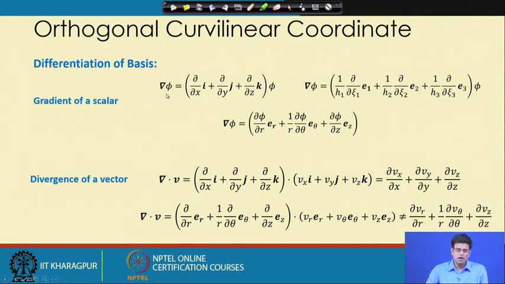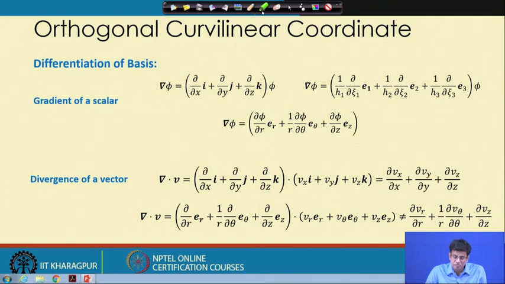In the Cartesian coordinate system, the del operator is del del x i, del del y j and del del z k, and with scalar function phi, del phi is essentially del phi del x i, del phi del y j and del phi del z k. Now, in an orthogonal curvilinear coordinate system, these quantities will be like this, because h1, h2, h3 will be non-zero.